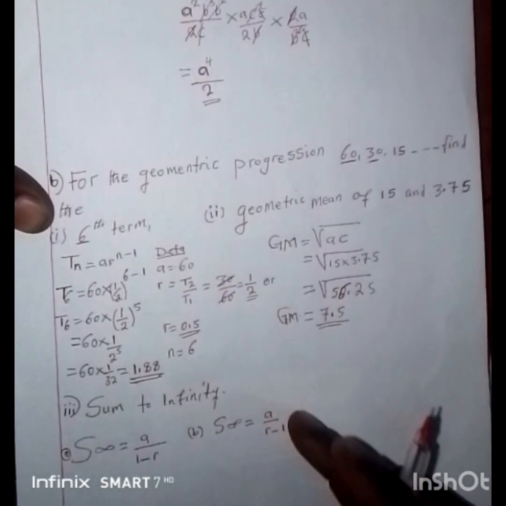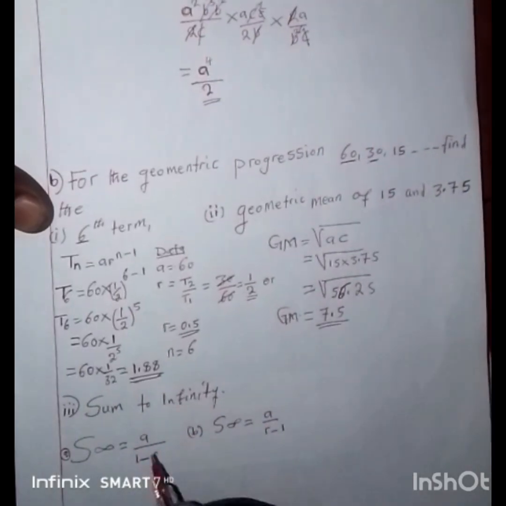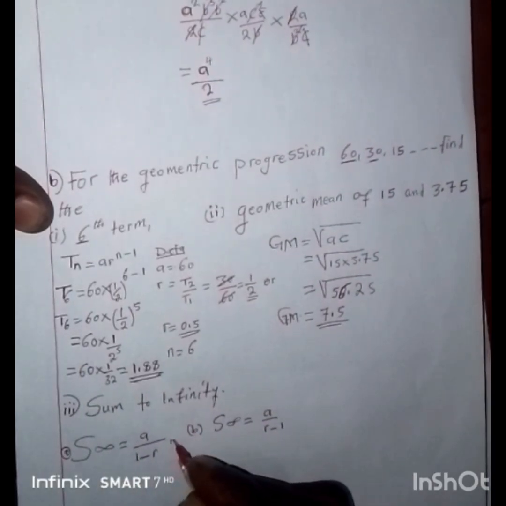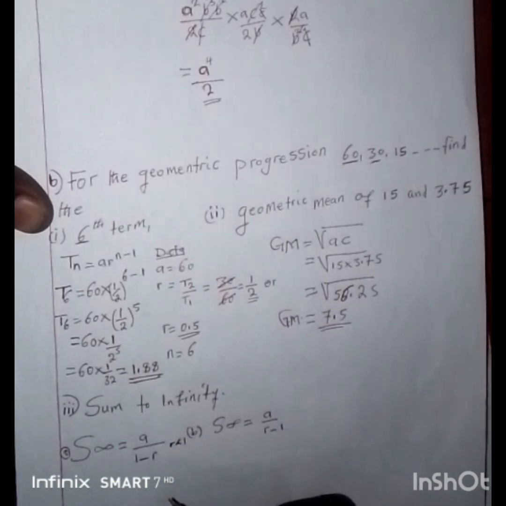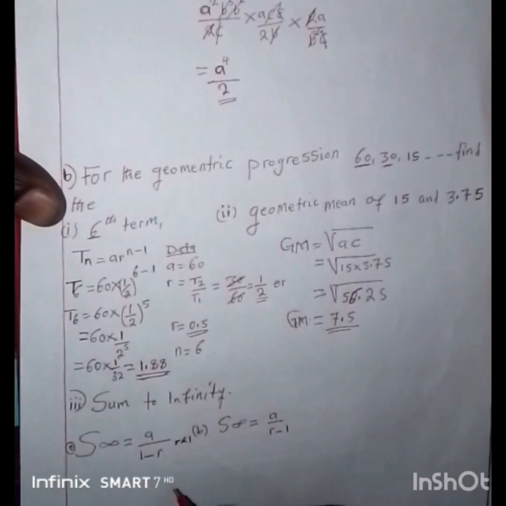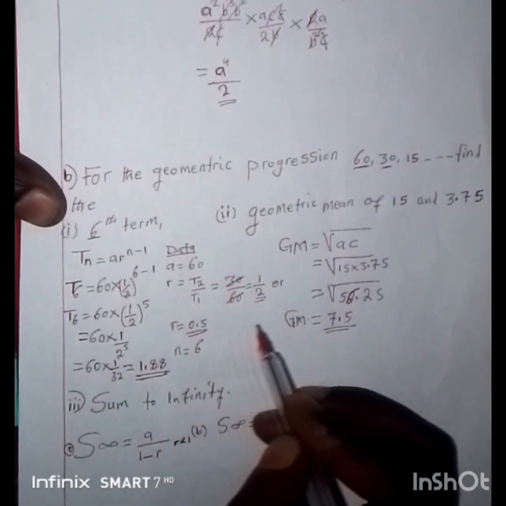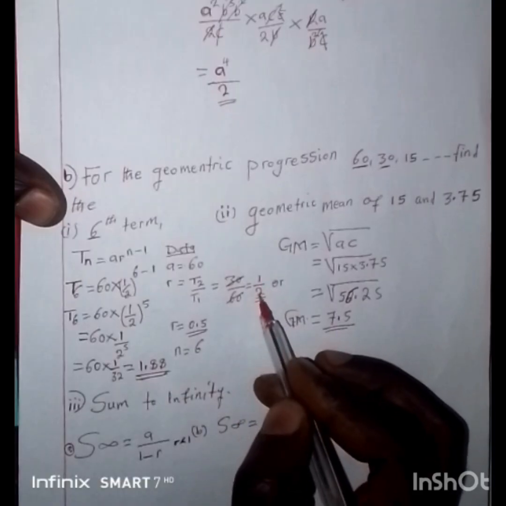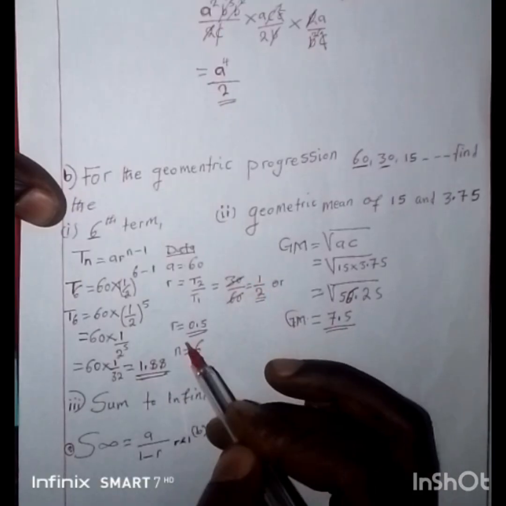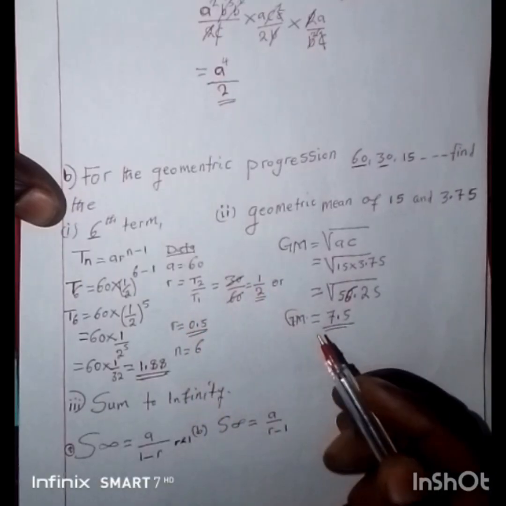Now, when can you use this formula and when can you use this one? This one is used when the common ratio is less than 1. For example, if the common ratio is 0 point something, the way we have got the common ratio here, which is 0.5, look at this, half. It is less than 1.